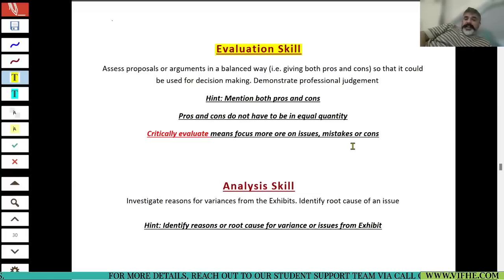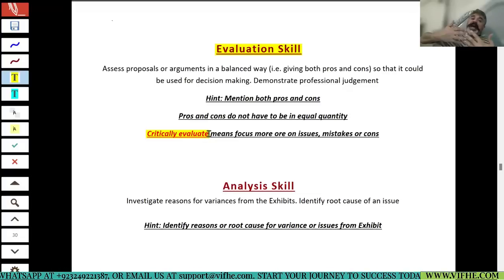Another interesting twist is sometimes the examiner says critically evaluate. Sometimes he says critically evaluate the proposal, critically evaluate the option. Critically means to criticize. Criticize means to identify mistakes or the bad things.